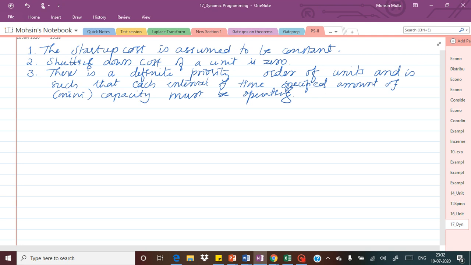Then there is no need to bother about any other method. The methods we discussed earlier, like the priority list method or the directly shutting down method, can be used. But when the demand changes continuously, then based on the change in demand, step by step we need to understand which combinations are most economical.